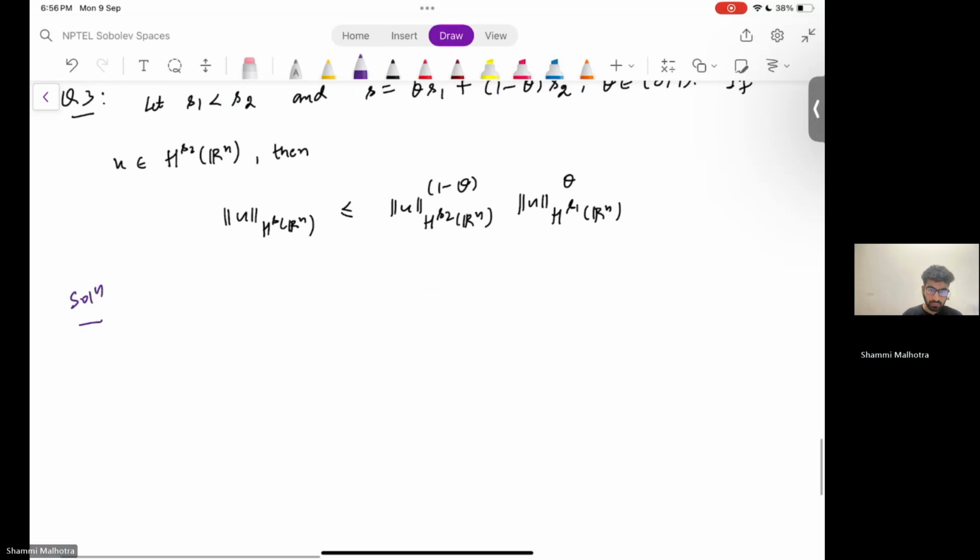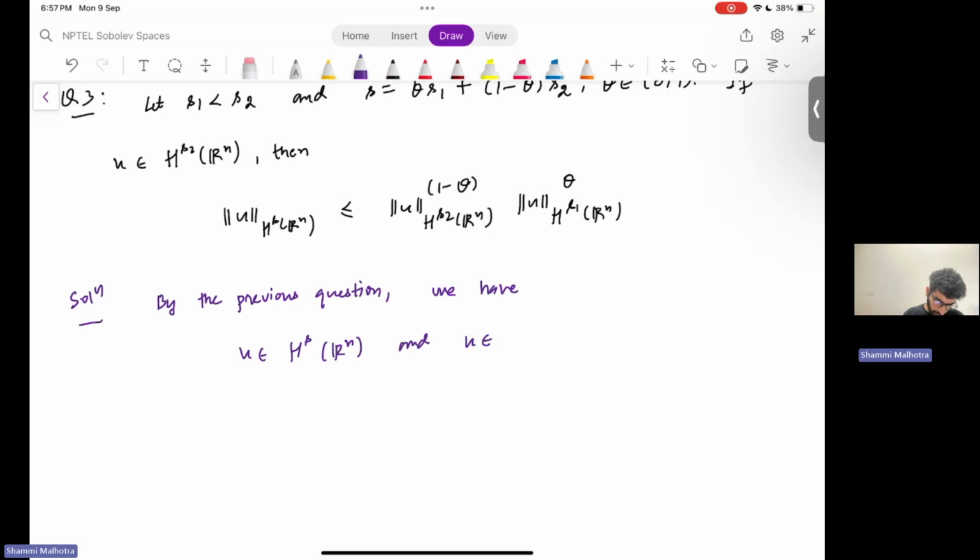So by the previous question, we have u belonging to H^s(R^n) and u belonging to H^s1(R^n), provided u belongs to H^s2(R^n).